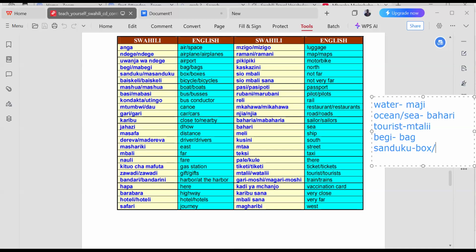That metallic one can still be called a sanduku. But sanduku can also mean a coffin. So the box, the coffin, and your suitcase are all called sanduku.